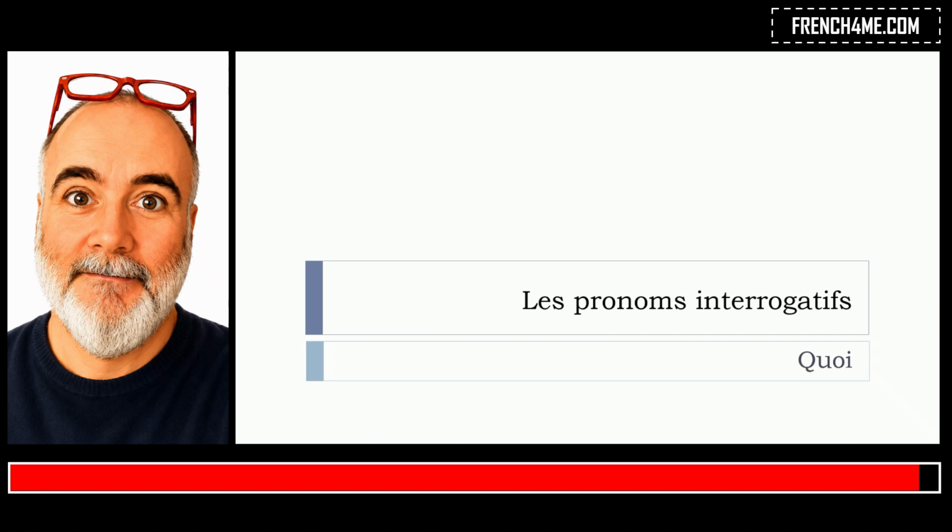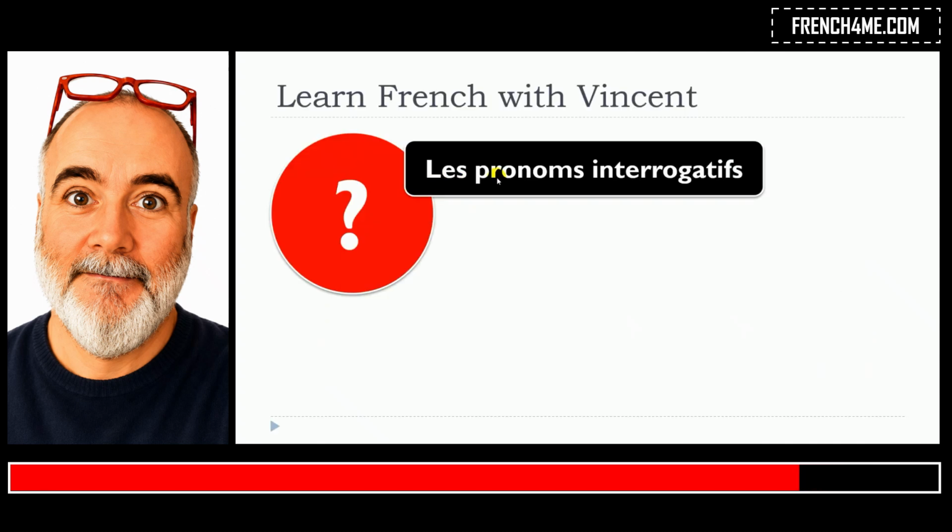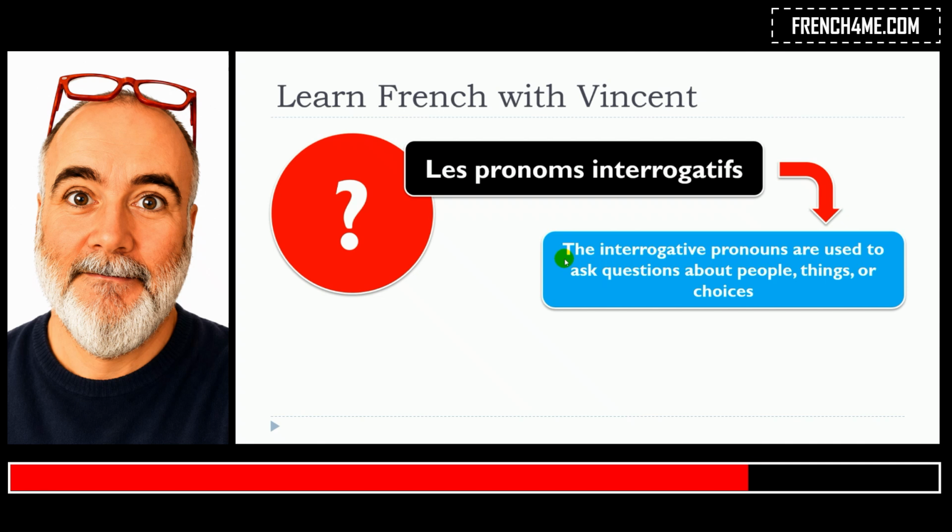In this lesson, we will see together les pronoms interrogatifs, but we will see more precisely quoi. So, what are les pronoms interrogatifs? Well, we'll have two things to answer. That's the first one.